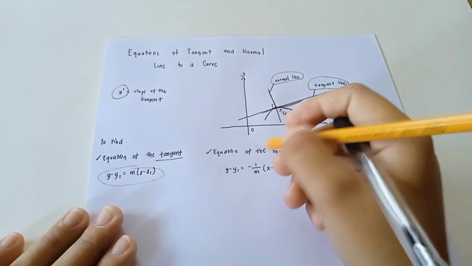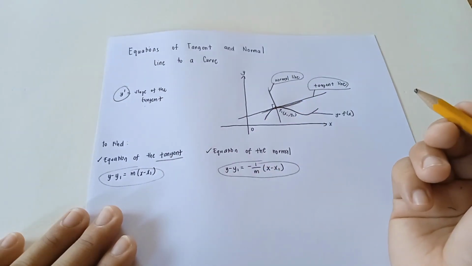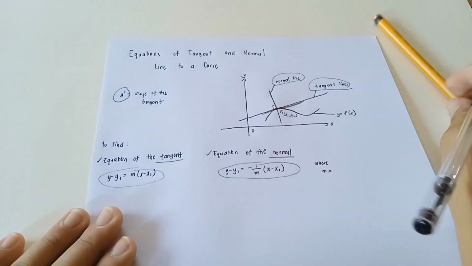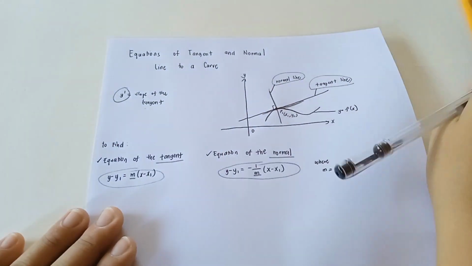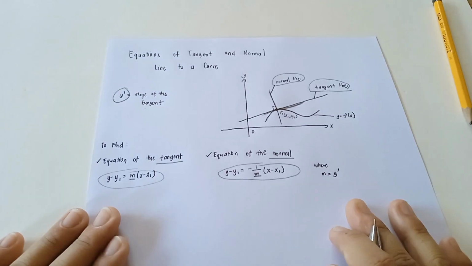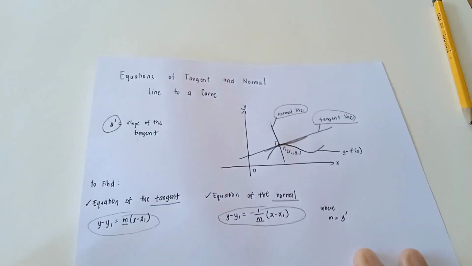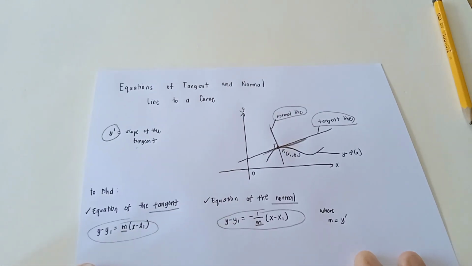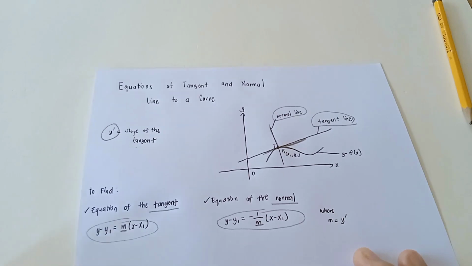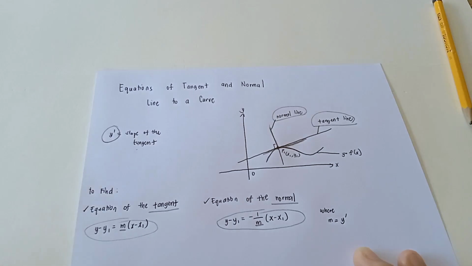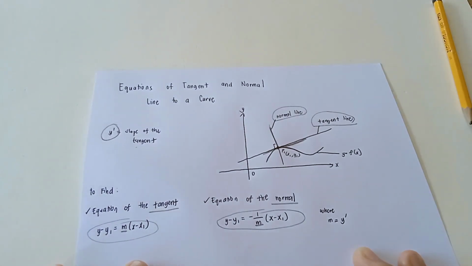Hence, this is the equation of our normal line. And if you are wondering what m represents, m is our slope, which means that we first need to get the derivative of the given function and substitute the values of x and y, and then we get our slope. And we will finally have our equations.